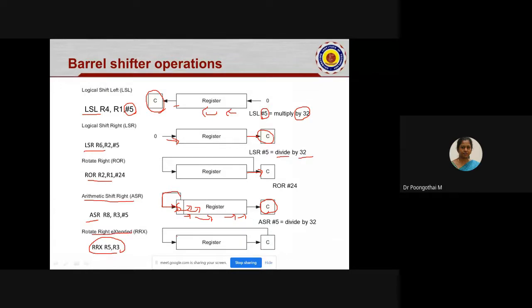The original 31st bit is filled by the value of carry, and the original bit 0 is moved into the carry. Next class I will explain all the operations with an example so that you can clearly understand each and every operation.